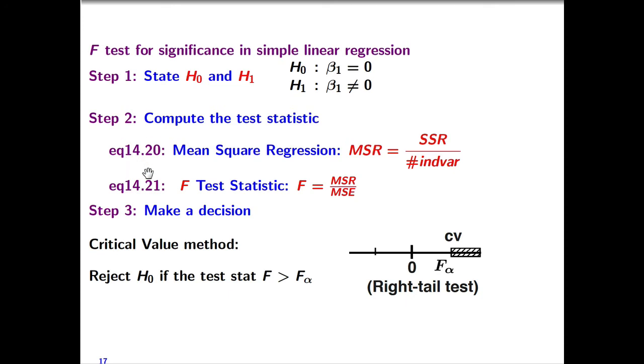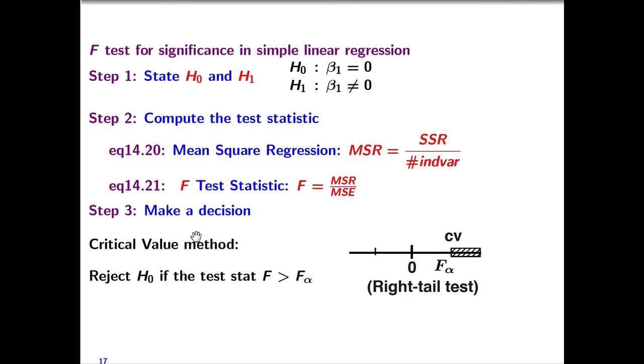And then from equation 14.21, the test statistic for the F-test will be MSR over MSE.